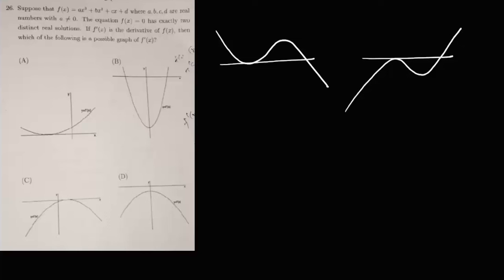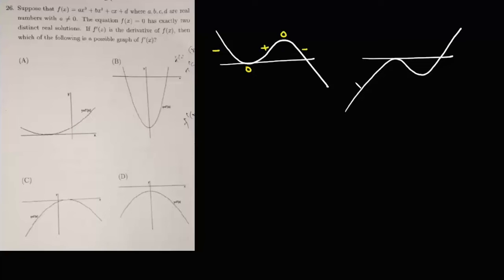Now in this first case, since we are talking about the graph of f dash x, the function will first decrease, it will be negative, and then it will become 0, and then it will become positive, then it will become 0, and again it will decrease. So the graph should be in positive as well as in negative regions with 2 points of intersection with the x-axis, and it doesn't match any of the 4 cases.